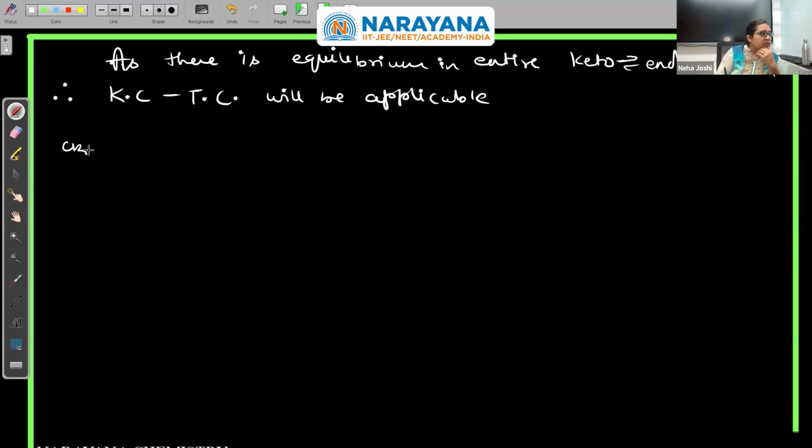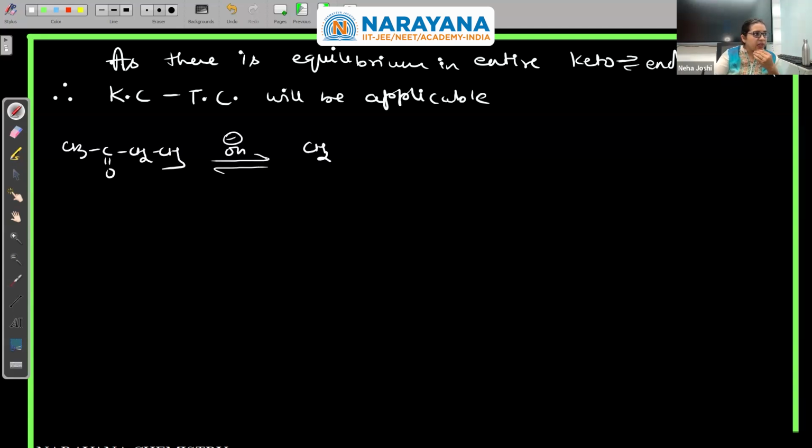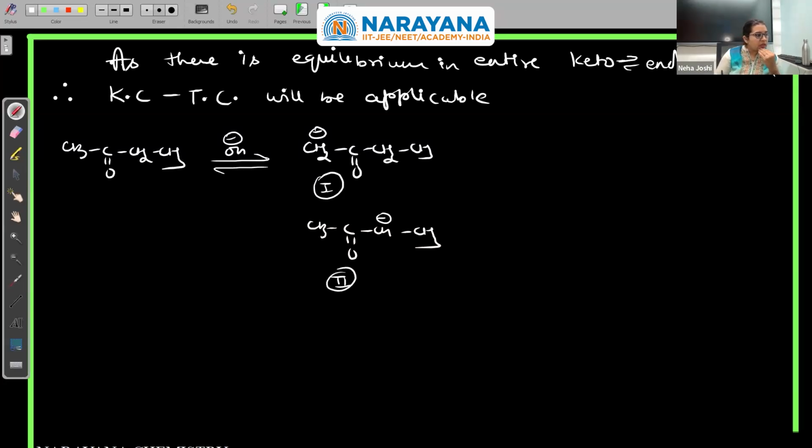Let me quickly exemplify what I want to say. For example, CH3COCH2CH3. If I talk of basic medium, I will get CH2(-)COCH2CH3, and I can get CH3COCH(-)CH3. This is 1, this is 2. If I am asked which is more stable, I will say 1 is more stable than 2. Why?